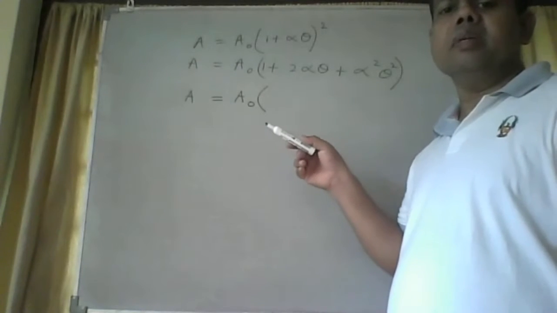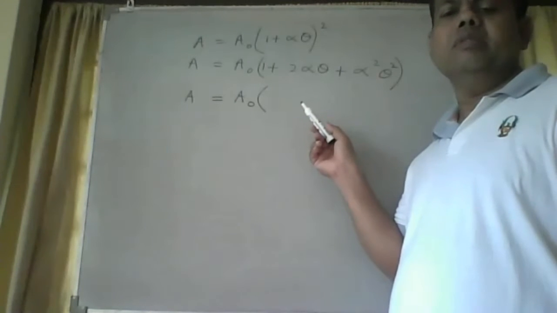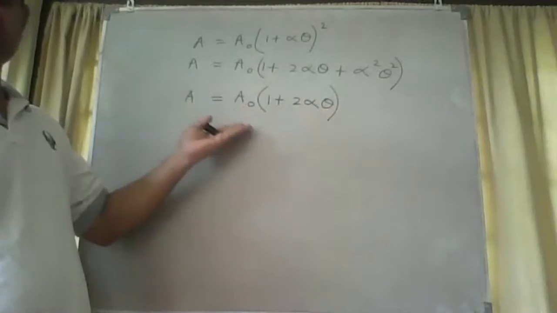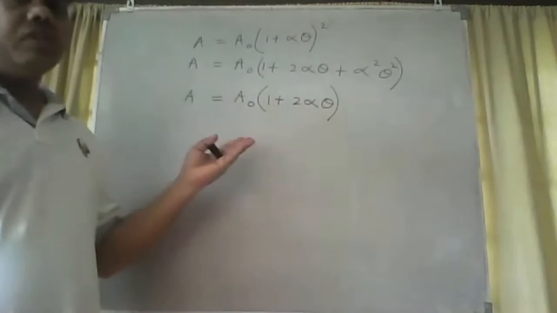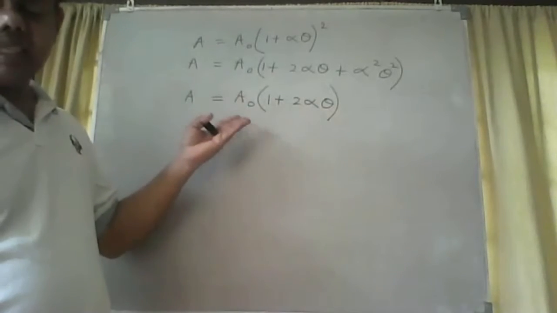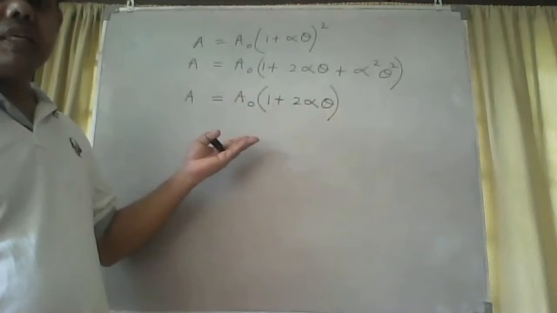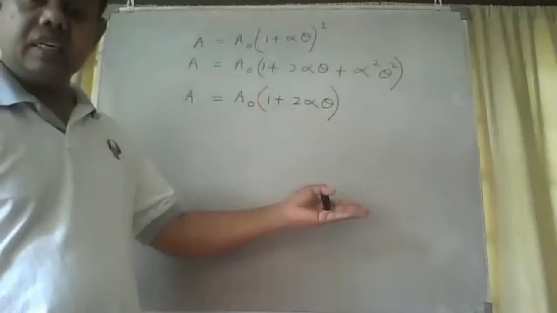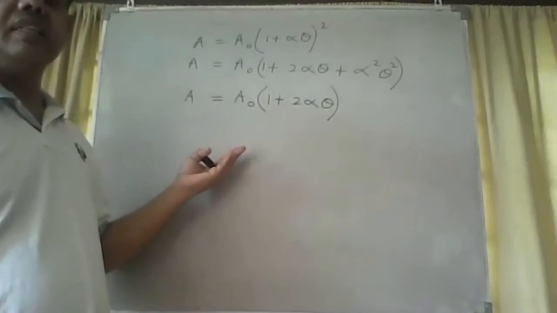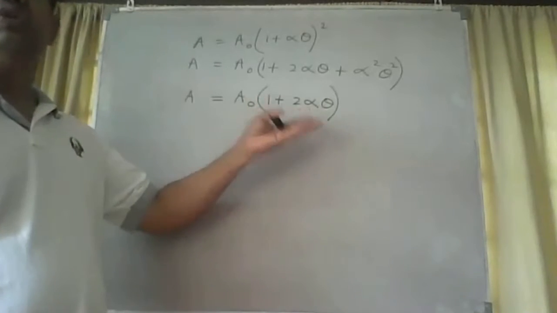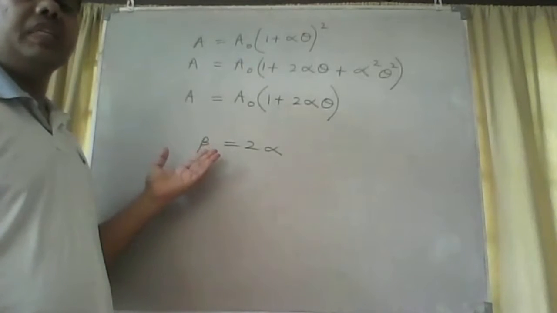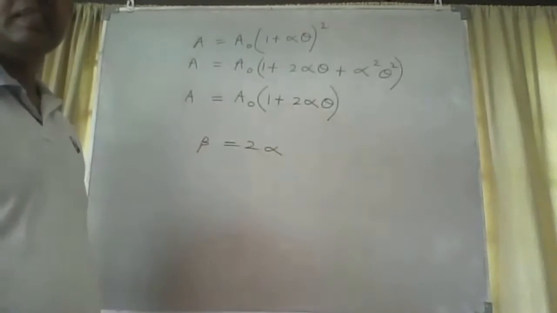Therefore, neglecting alpha squared theta squared, we can reduce this expression to this relationship. Now, if we compare this relationship with A equals A naught times 1 plus beta theta, we can realize that beta equals 2 alpha. Therefore, area expansivity of a material is 2 times the linear expansivity.